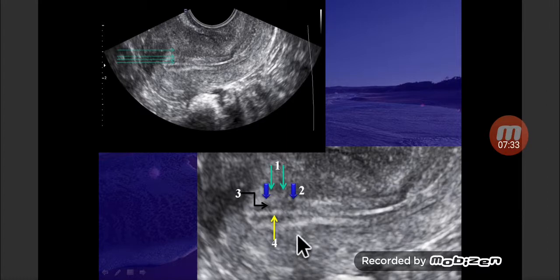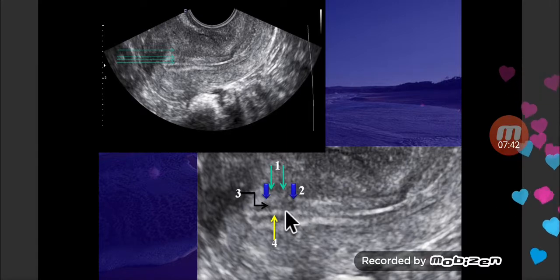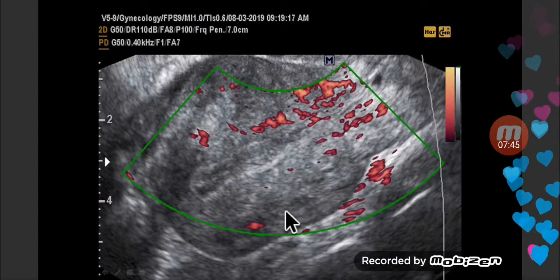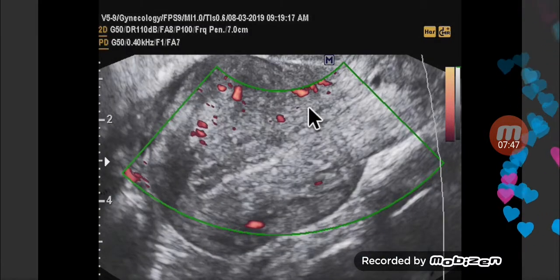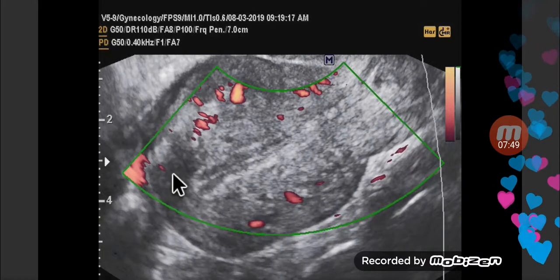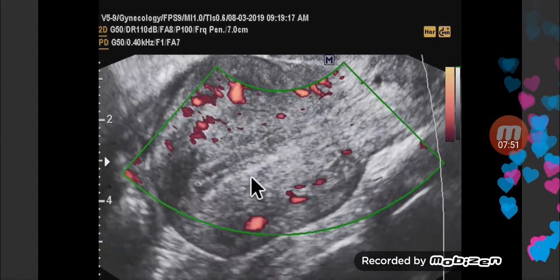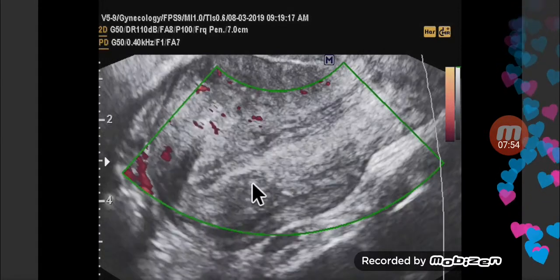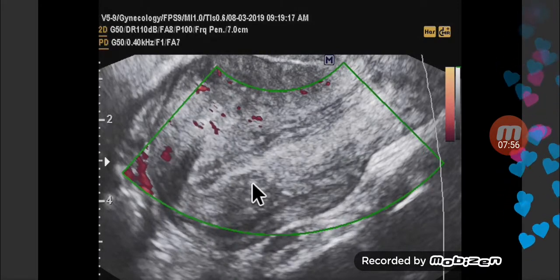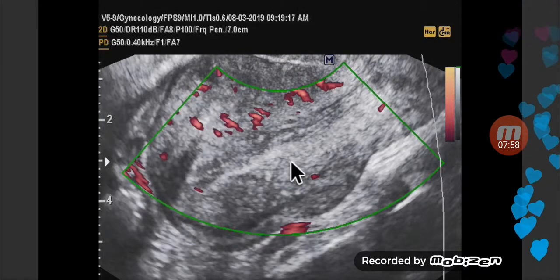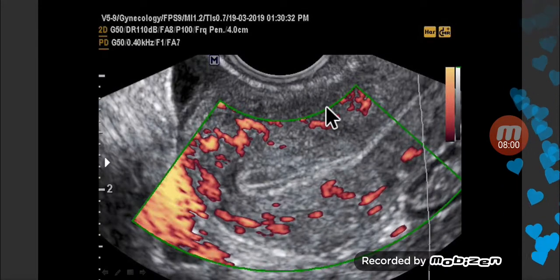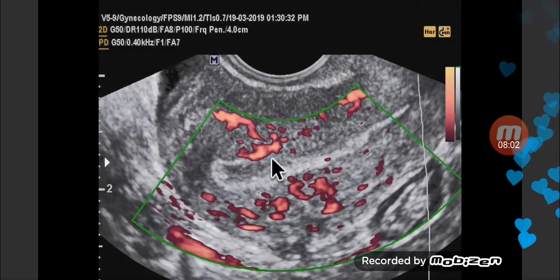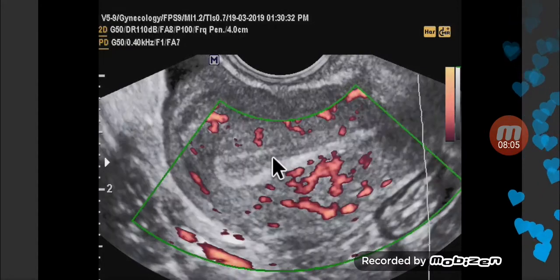Similarly, this side over here is zone 1, zone 2, zone 3, and then zone 4 vascularization. You're looking at subendometrial flow or zone 1 vascularization. And with the increase in thickness, with the days coming past, you're going to be looking at plenty of flow. Mid-zone, zone 3 vascularization is good vascularization.